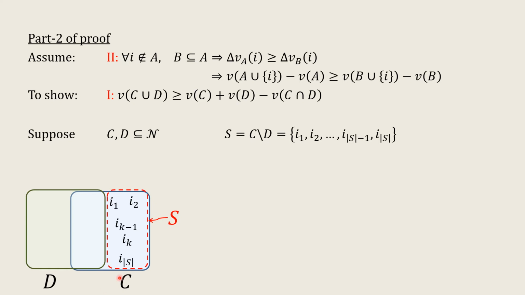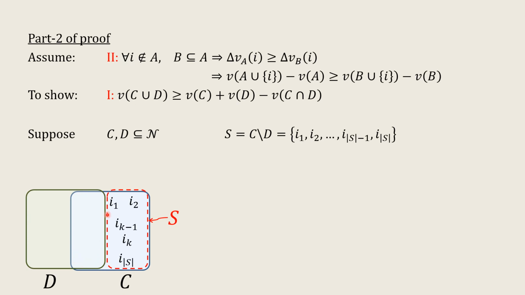Next, I will assume that statement 2 holds, that is the marginal contribution to coalition A will be more than the marginal contribution to coalition B if B is a subset of A. Now I have to show this statement 1, VC union D is greater than or equal to VC plus VD minus VC intersection D. And this should hold for any two coalitions C and D.